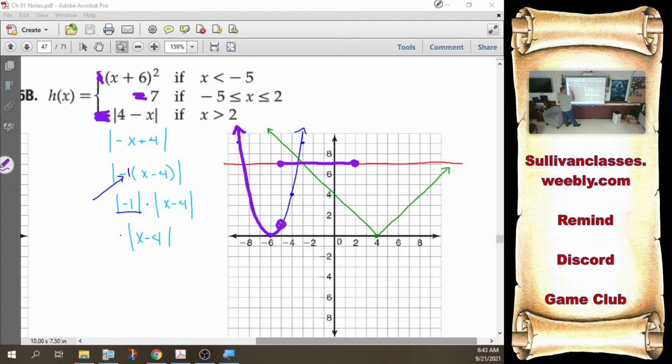And I care about the V after 2. So open circle, follow the V. Then you come back and get rid of that, and get rid of that, and get rid of that. There she be. Did you get it?